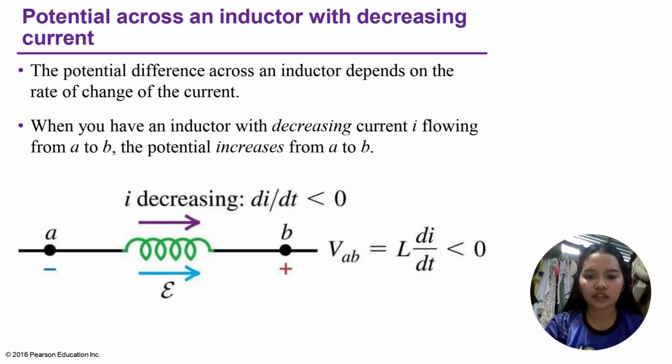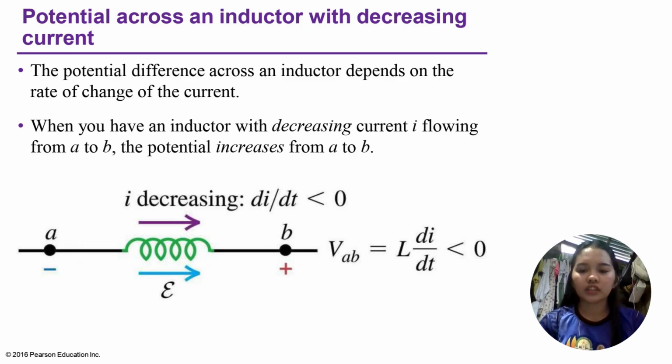So, potential across an inductor with decreasing current. The potential difference across an inductor depends on the rate of change of the current. Conversely, when the current through an inductor is decreasing, di over dt is negative.